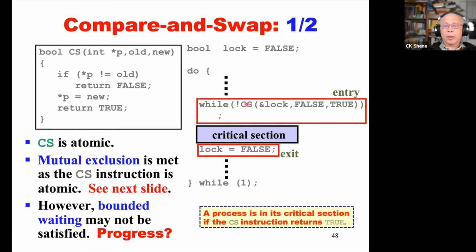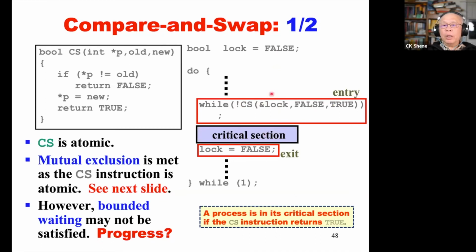Now, not true means the condition fails, and we get into the critical section. While I am in the critical section, the value in lock becomes true because the new value replaces the old value.